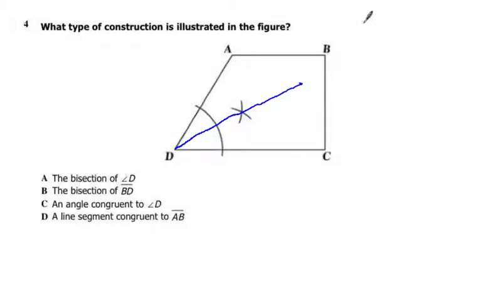BD doesn't even exist, so that's definitely not. An angle congruent to angle D? No. A line segment congruent to AB? No. So guys, you all could eliminate the majority of those answers for constructions. We bisected angle D, because remember, bisection is 2 congruent parts.